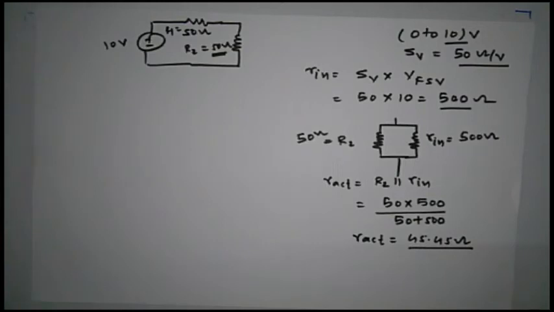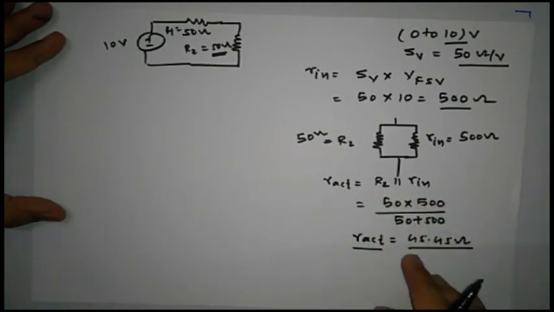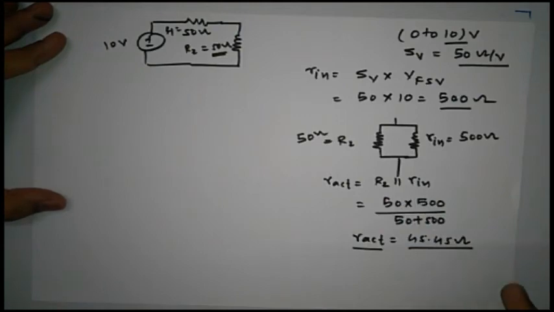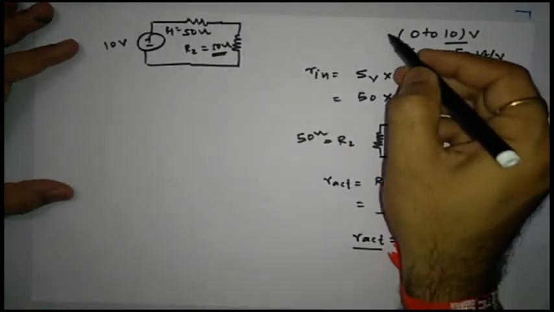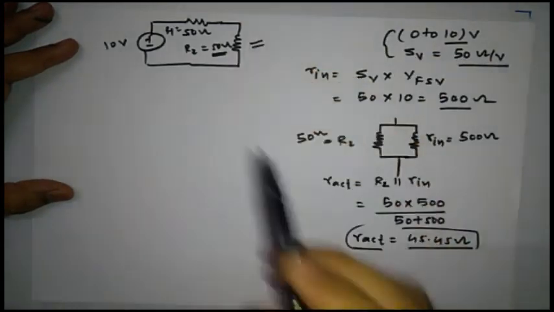As the effective value of this parallel combination of these two resistors is 45.45 ohm, this voltmeter is going to read the voltage across this resistance instead of R2.